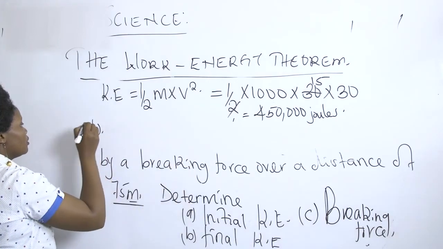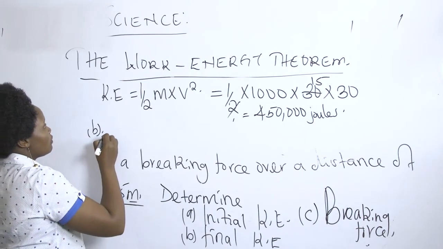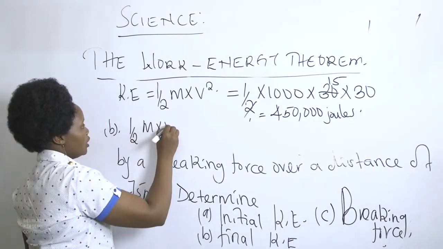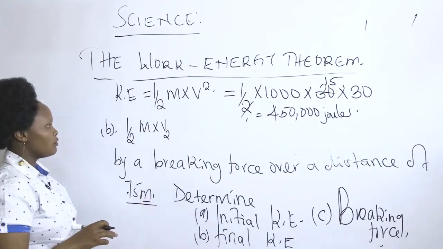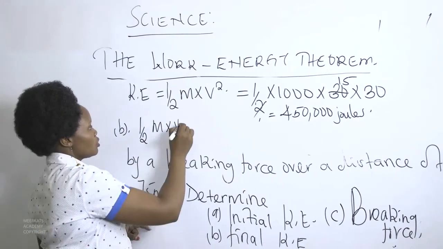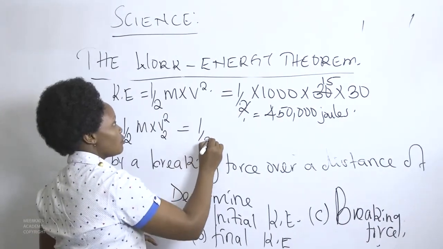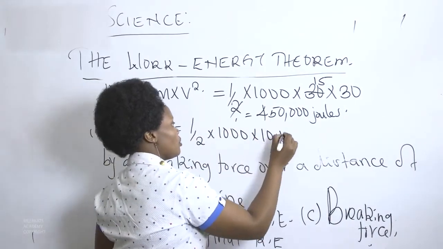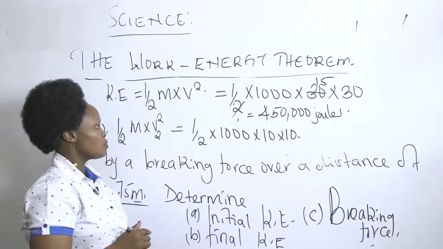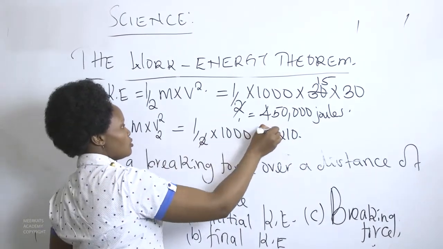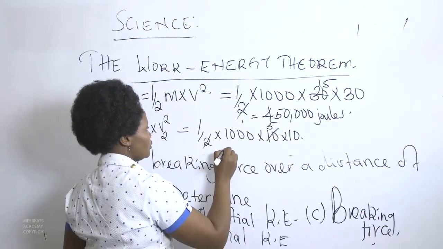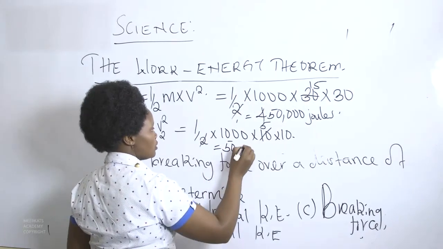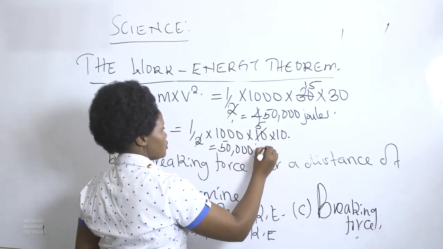Part B requires us to get the final, which will be a half times mass times velocity 2 squared, which is a half of 1000 multiplied by the square of the final speed, which is going to give us 50,000 joules.